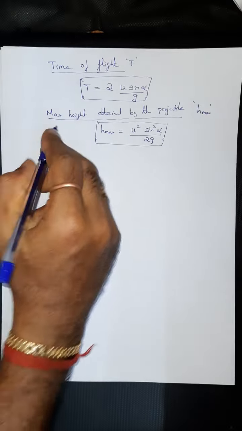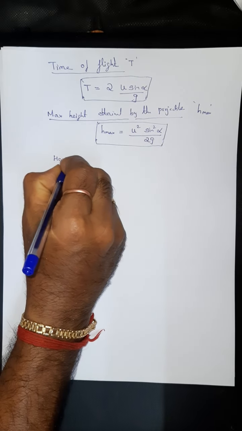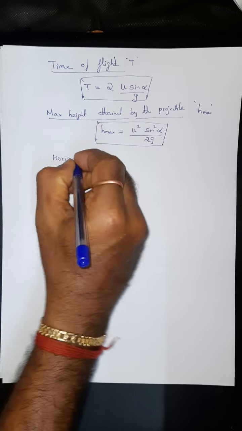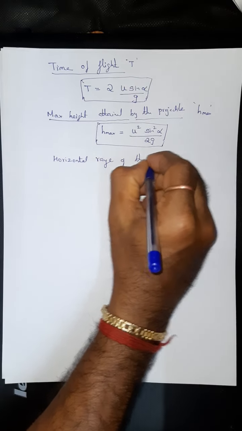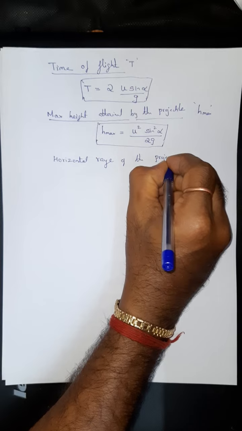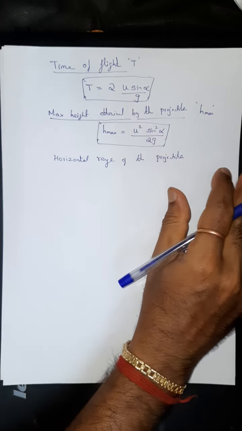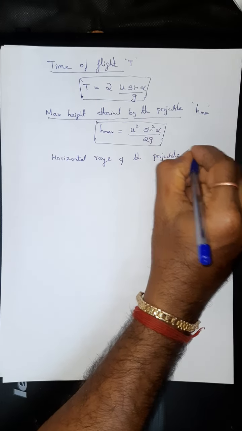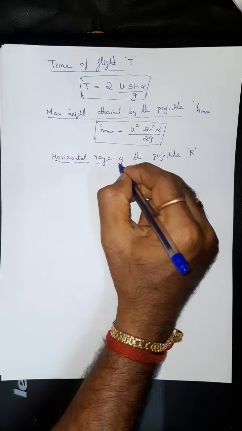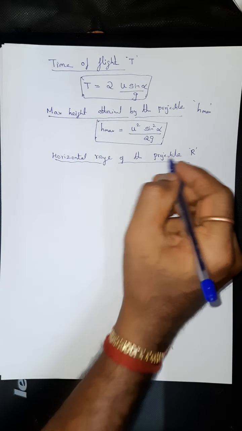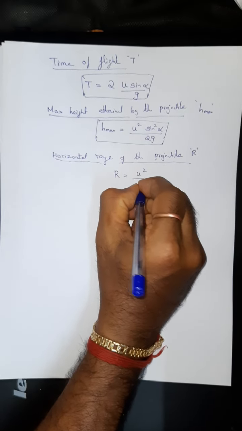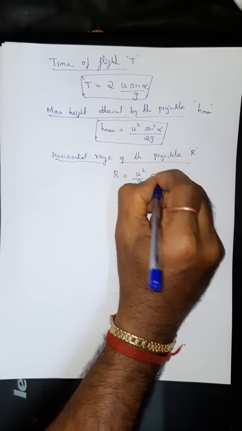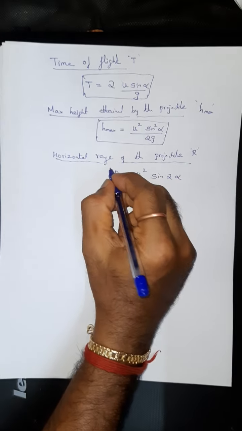Next, the horizontal range of the projectile, R, is equal to u square by g into sine 2 alpha.